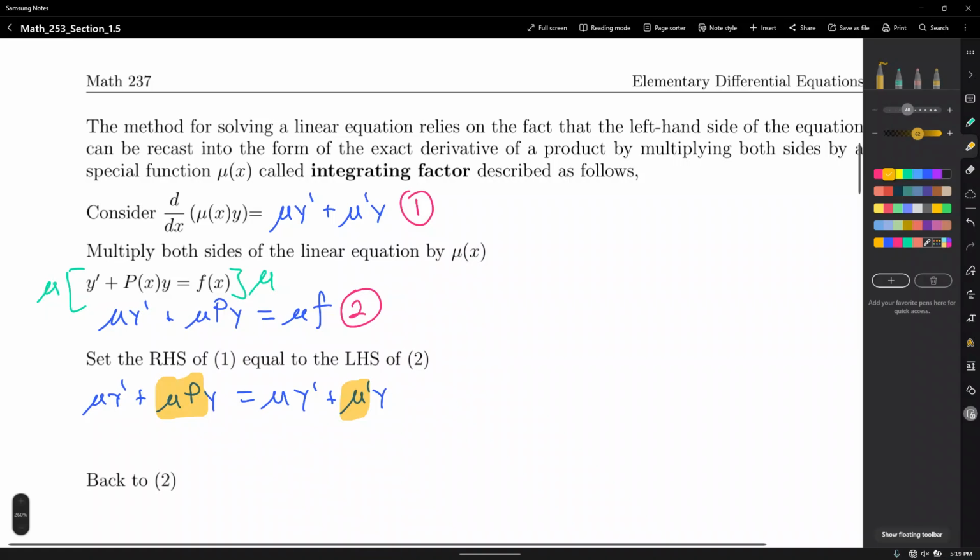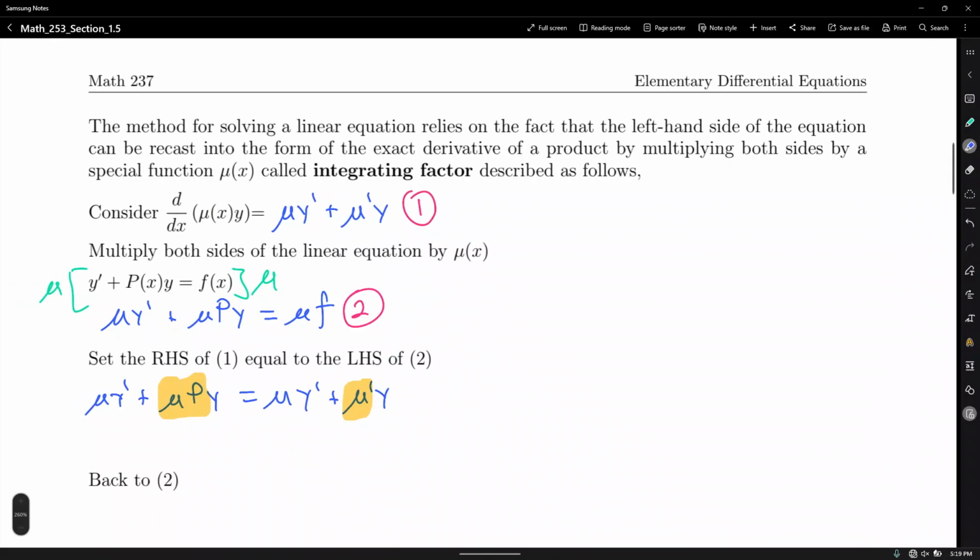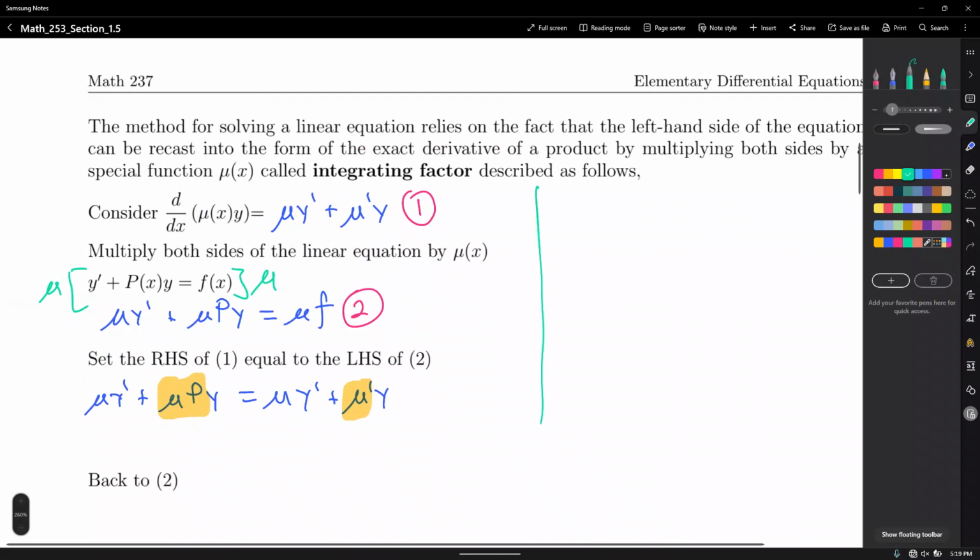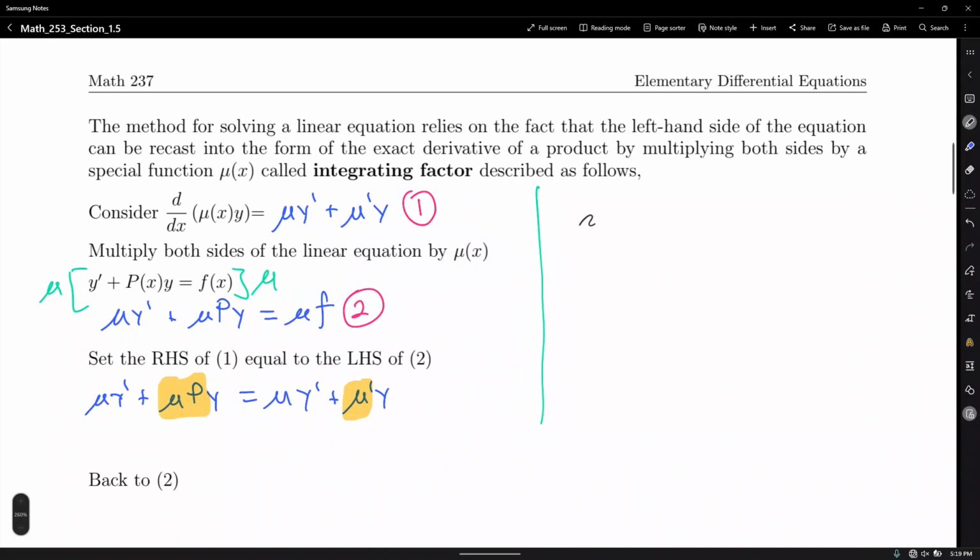I'm going to do some scratch work, okay? So on the side, mu prime equals mu p. But I'm going to rewrite this mu prime as d mu over dx equals mu p. Isn't that a very simple, separable equation?